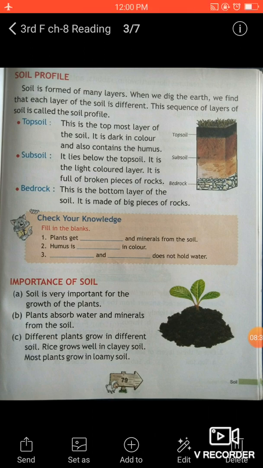It is full of broken pieces of rocks. In the picture also you can see bedrock. This is the bottom layer of the soil. It is made up of big pieces of rocks. At the bottom part of soil there are big pieces of rocks.